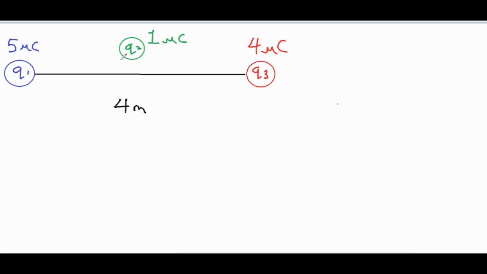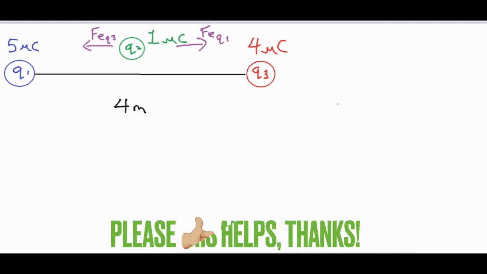So we're focusing on Q2. We have a force of repulsion from Q1 on Q2, and then also from Q3 on Q2, which means that it's getting some force in this direction. We'll say an electric force from Q3, and then it has some electric force going this way from Q1.